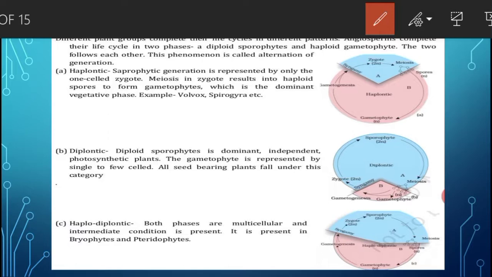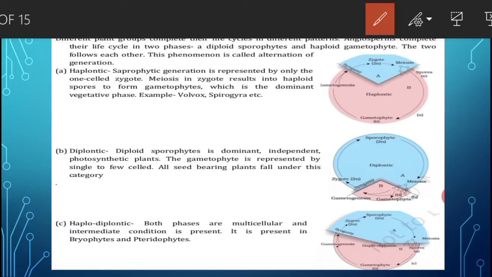Once again, as the haploid and diploid cells can divide by mitosis, there will be formation of different plant bodies, that is haploid and diploid plant bodies. The haploid plant body produces gametes by mitosis, and this plant body represents a gametophyte.